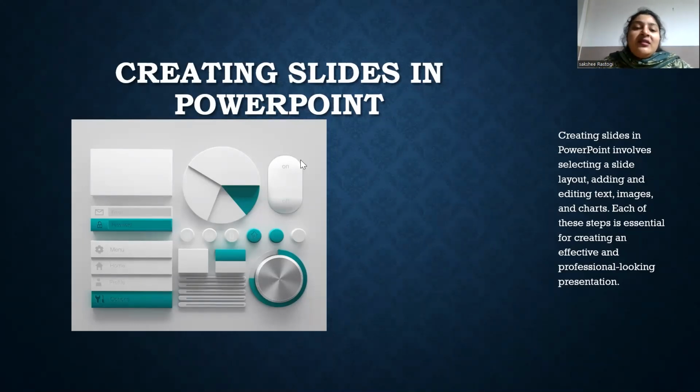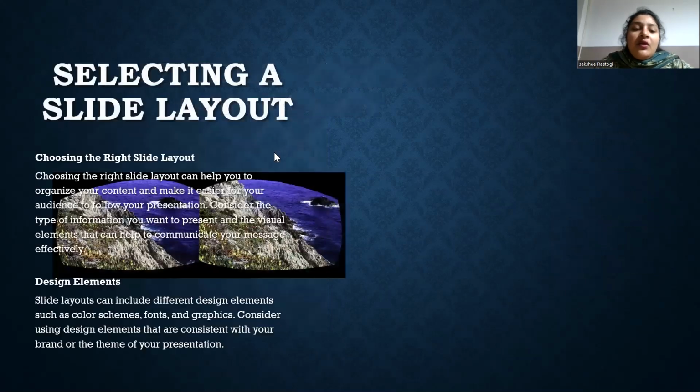So, how do you select a slide layout? When selecting a layout in PowerPoint, consider the following. The purpose of the slide: determine the slide's purpose, for example, title slides, content slides, image slides.